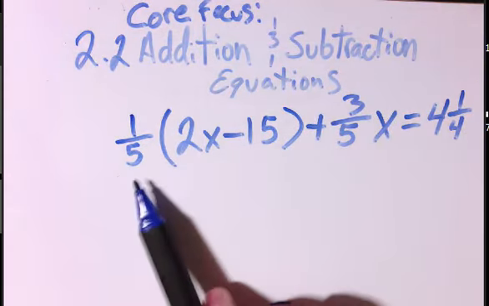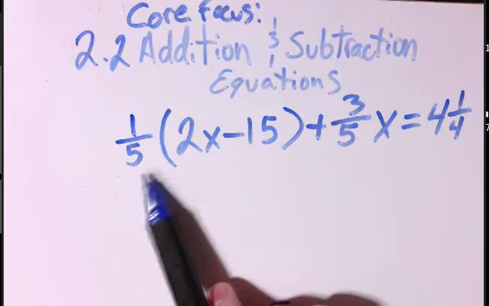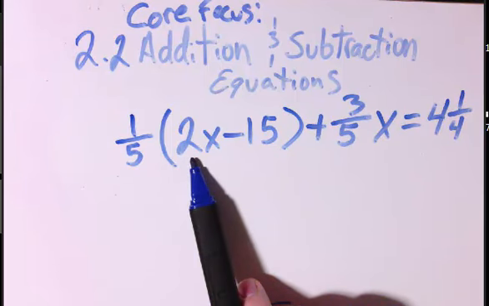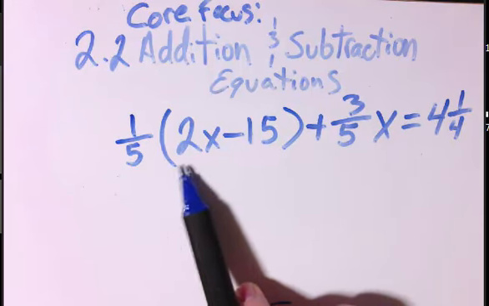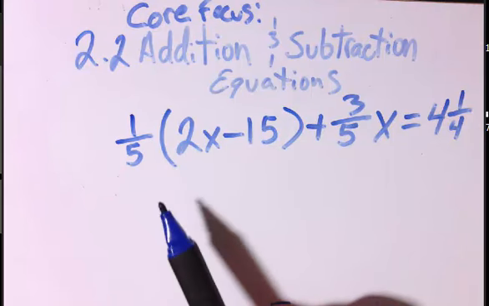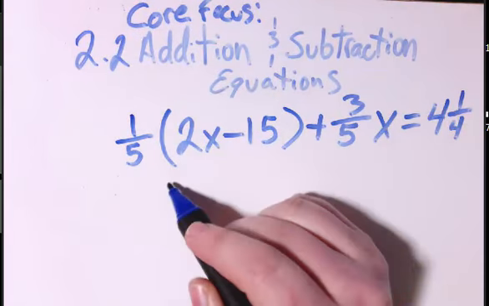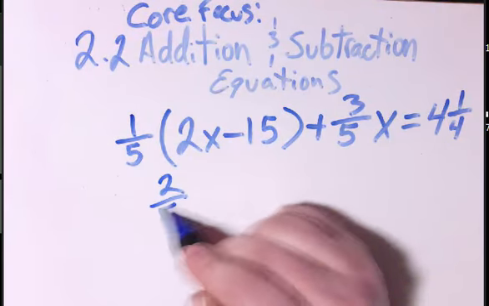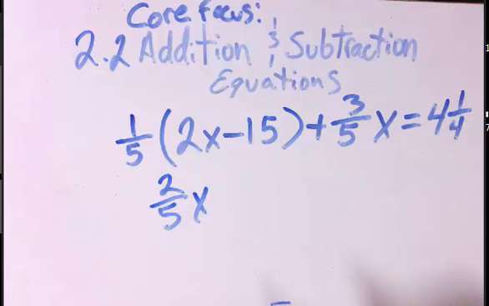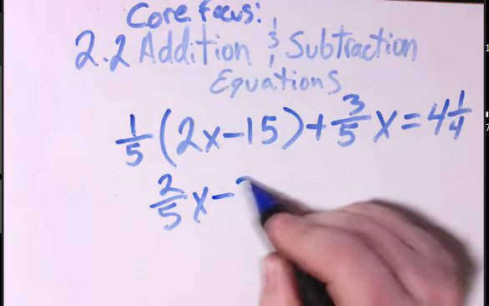You have 1/5 and you times it by 2. You can work it into decimal, which would be 0.4, and you can put that back into a fraction, which is going to give you 2/5 x, and then 1/5 times negative 15 is going to give you a negative 3.